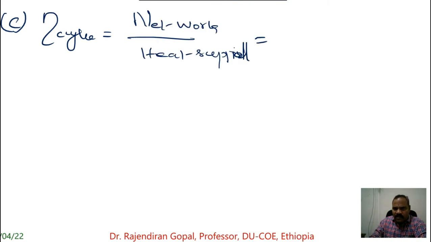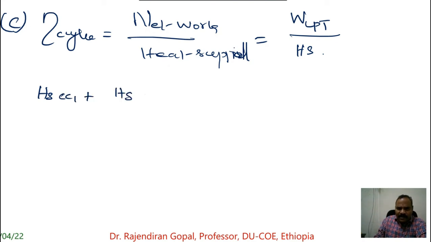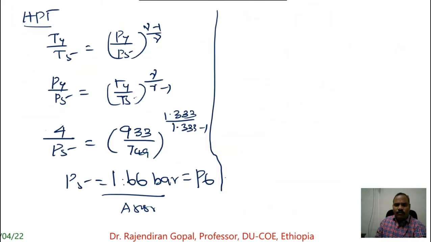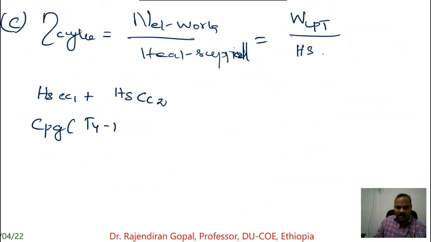The third one is the efficiency of the cycle, which is equal to net work done over the heat supplied, that is, the work of the low pressure turbine over the heat supplied. The heat supplied is the heat supplied at combustion chamber 1 plus the heat supplied at combustion chamber 2, that is Cp of gas into T4 minus T3 plus Cp of gas into T6 minus T5 dash.